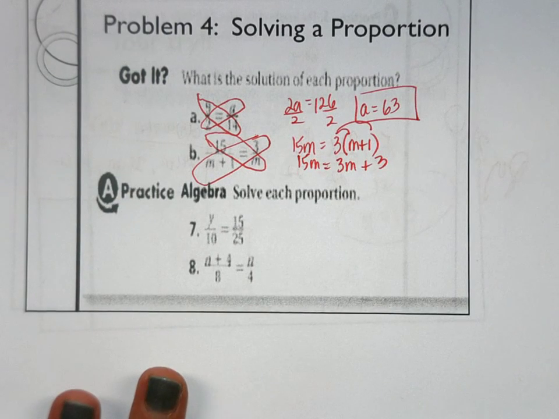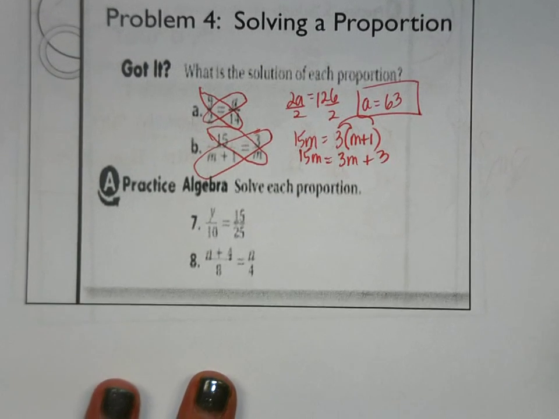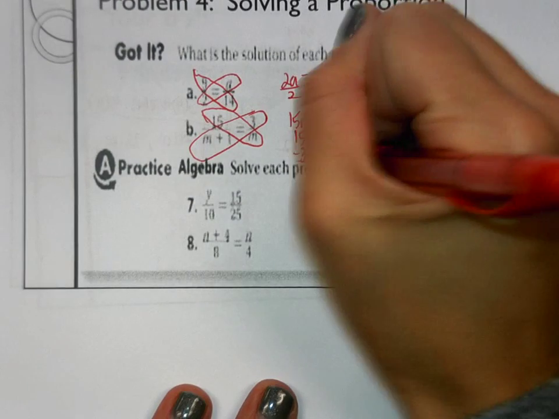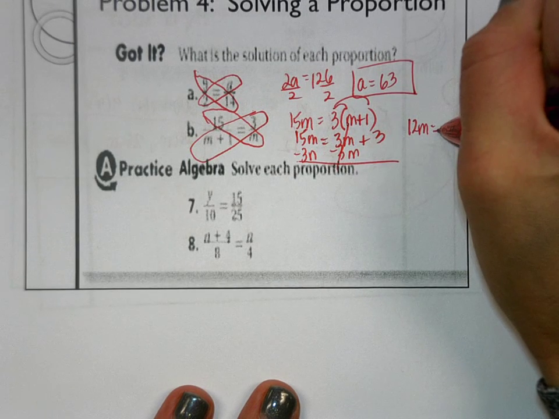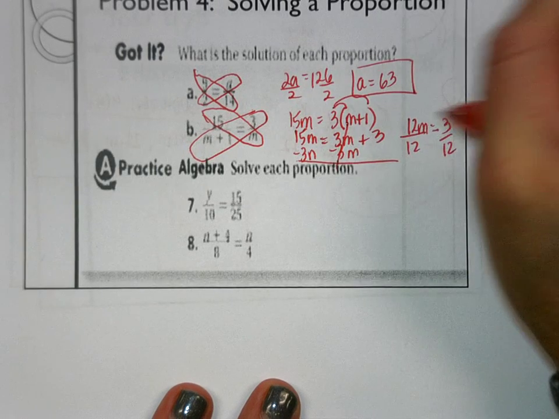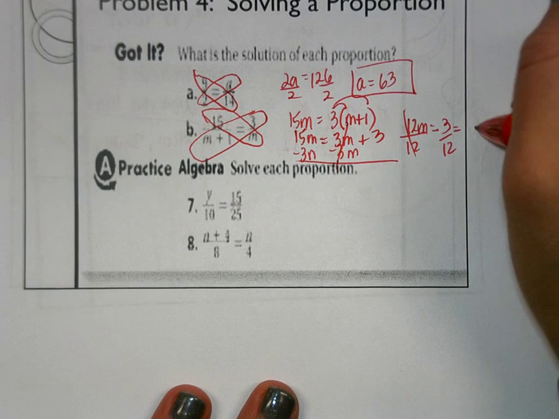And what would I do next to solve? Good, subtract 3M to both sides. We end up getting 12M equals 3, and then we divide each side by 12, and I get, what does that reduce to? 1/4.